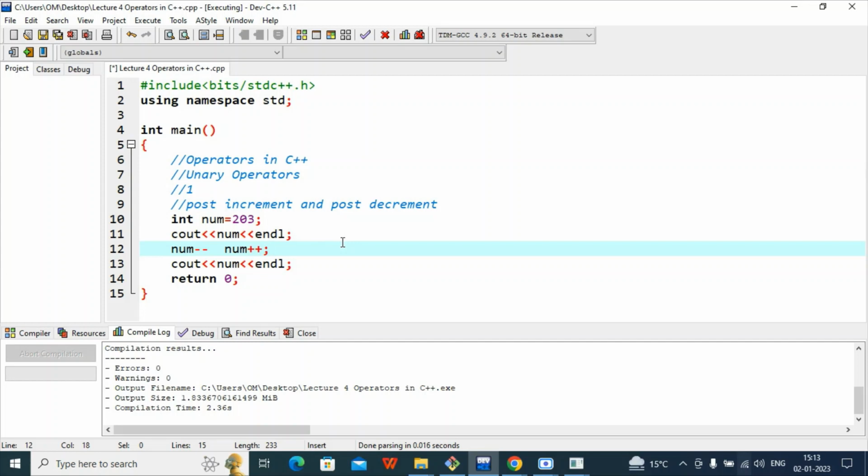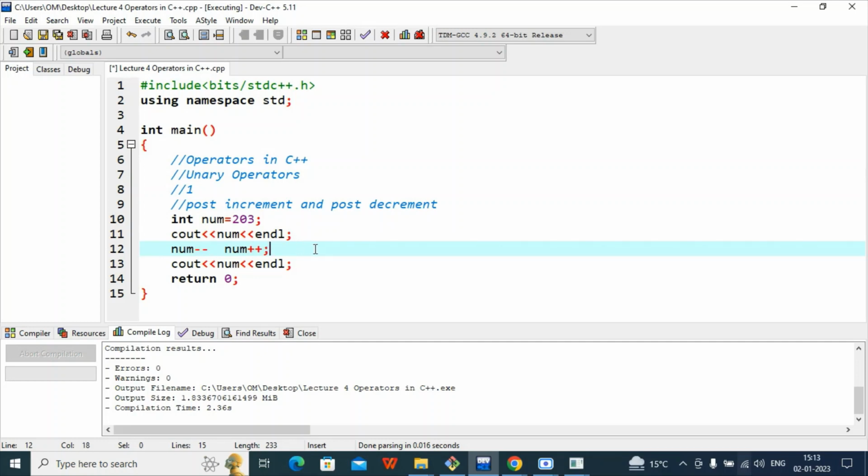Suppose your friend's wedding is on some day and due to some reason it is postponed to some other day. So it is postponed, right? It means it is at the back, after something. So the word post is the same. Note that firstly your variable will come, then your unary operator will come.